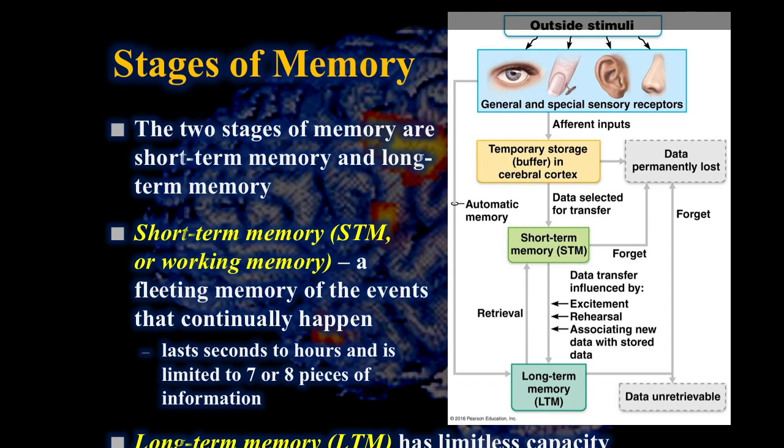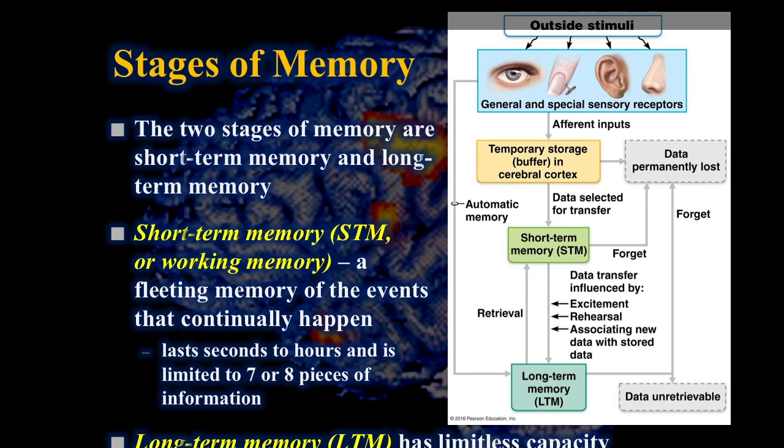Long-term memory has a limitless capacity, and it's something that's stored over a longer period of time. Information comes into your brain and stays in temporary storage in the cerebral cortex, not in short-term memory yet. You will decide, do I need to keep that information or do I need to get rid of it?